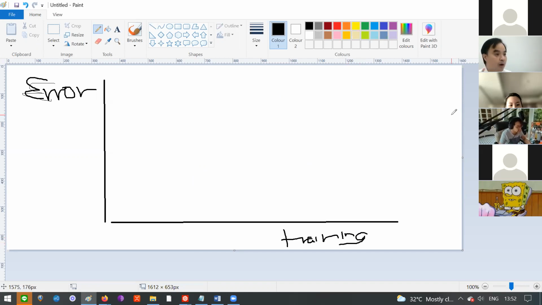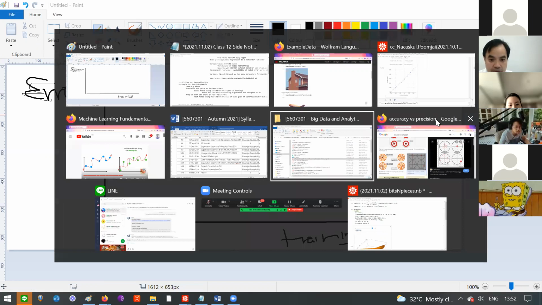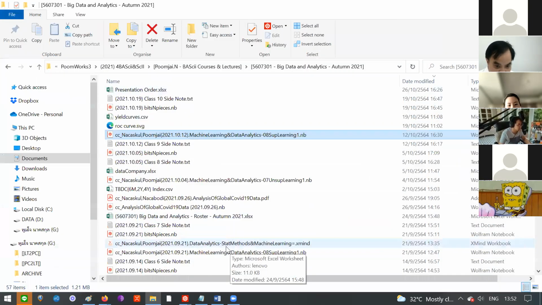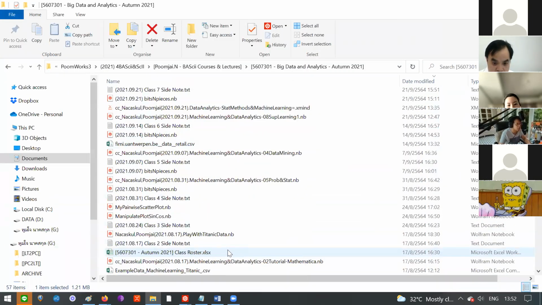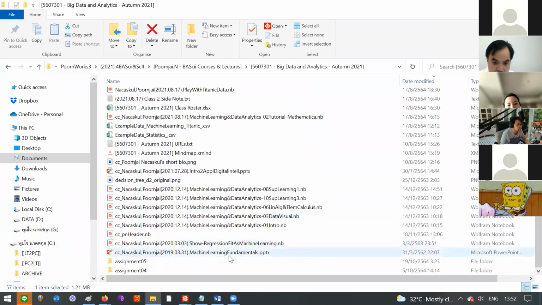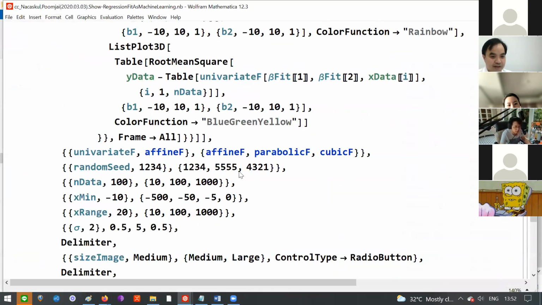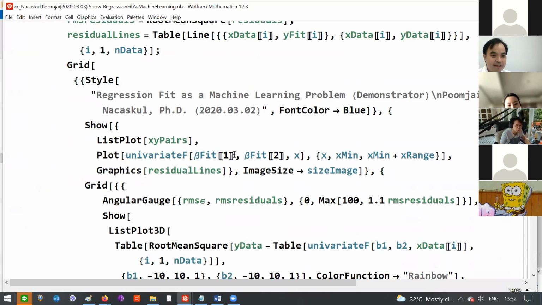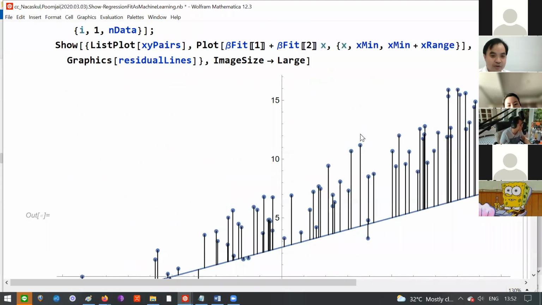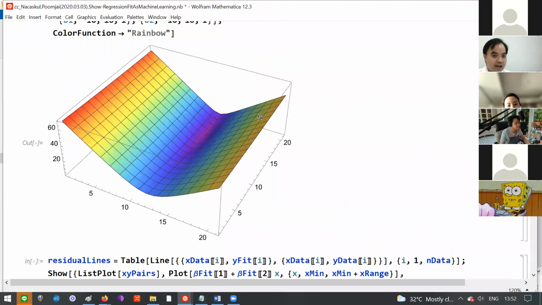You recall that lecture a while back when I talked about linear regression as machine learning. Remember this, right? So what happened is you got some original error here, and you want to keep going down, down, down.